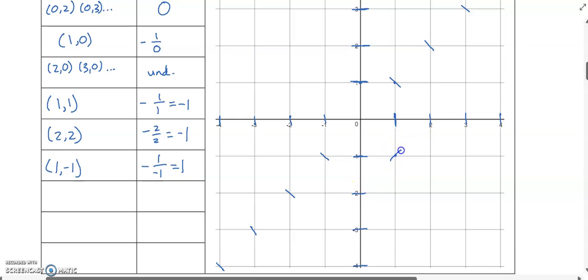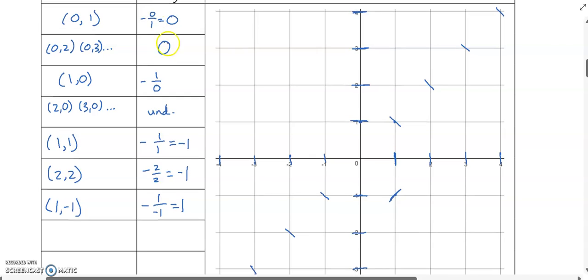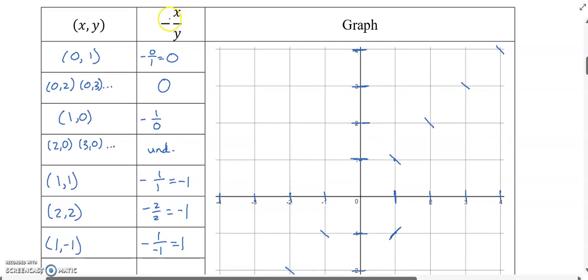I'll do a little line like that. Of course, anytime x equals negative y, we're going to get the same answer in this fraction: positive 1 for our slope. So as long as we're on the line y equals negative x, we're going to have that slope of positive 1.